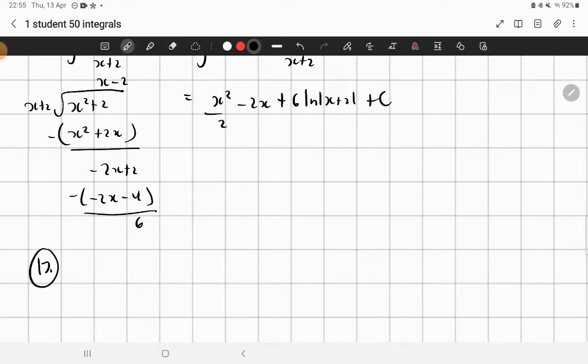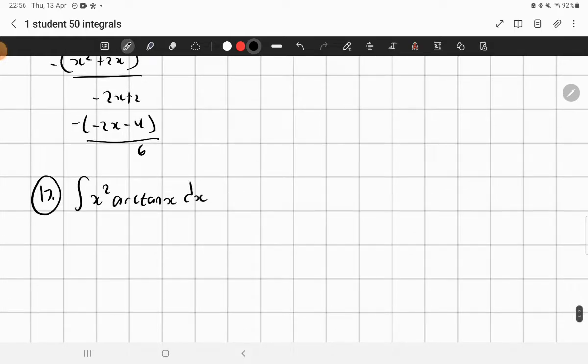So question 17, we have the integral of x squared arctangent of x. For this, you have to use IBP. You can't use anything else. So dv will be x squared dx. By integrating it, sorry, it's not differentiating, you will have x cubed over 3.